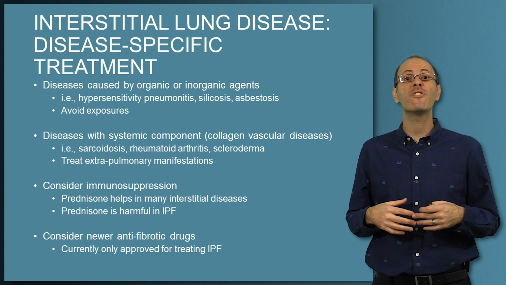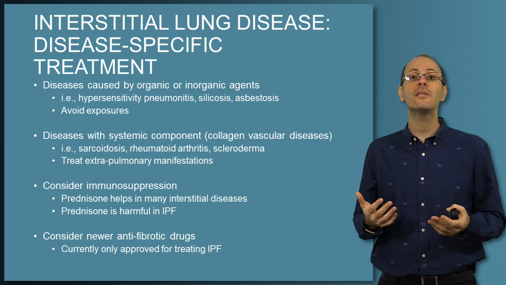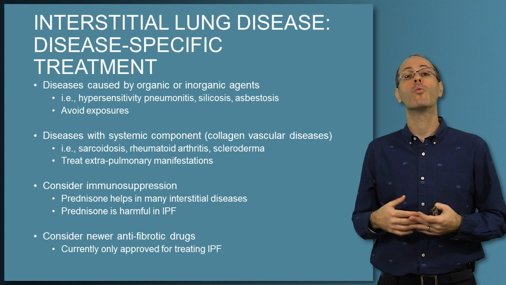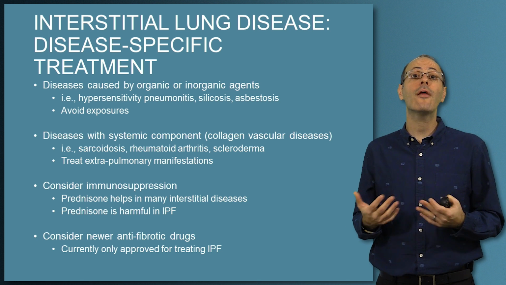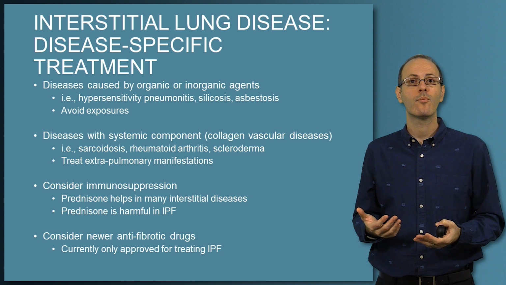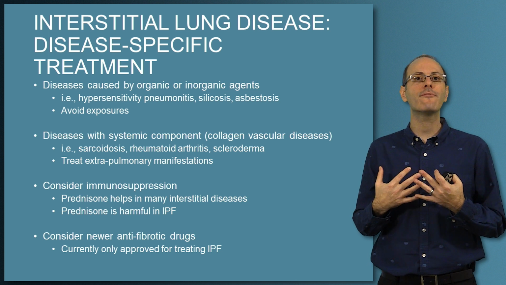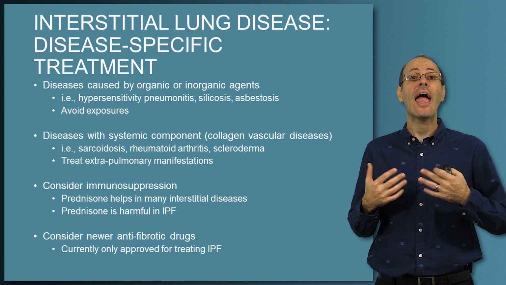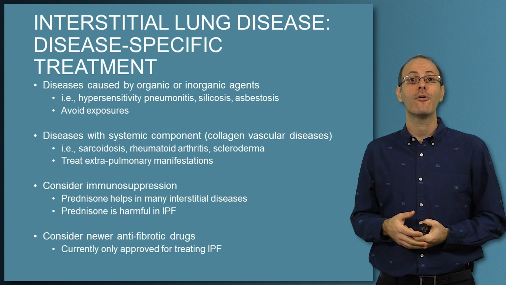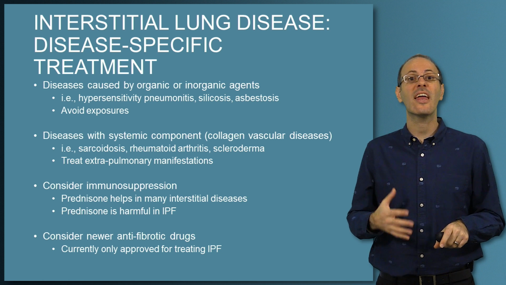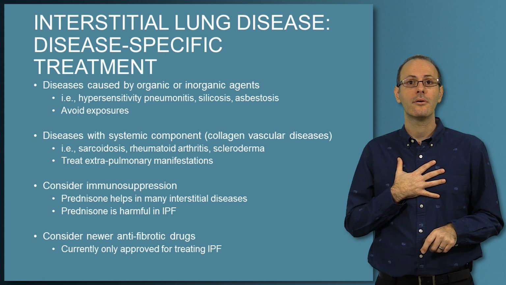In diseases where there's a systemic component, so particularly this group of what we call connective tissue diseases, rheumatologic conditions, or the other name for them is collagen vascular diseases. In these patients, not only do we have to treat the lung manifestations, but we also have to think of what we call extraparenchymal manifestations, so the symptoms and conditions that come with those diseases that happen outside of the lungs.